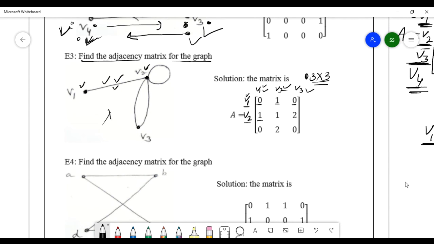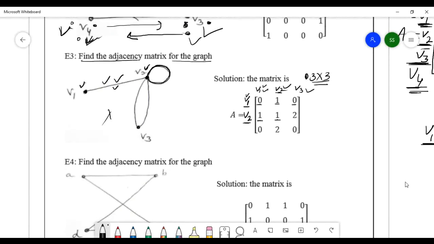Here a loop exists. So V2 to V2, a loop exists, meaning one edge. This loop gives you one edge. So V2 to V2 is not 0, it is one edge, because a loop exists. Loop means one edge.